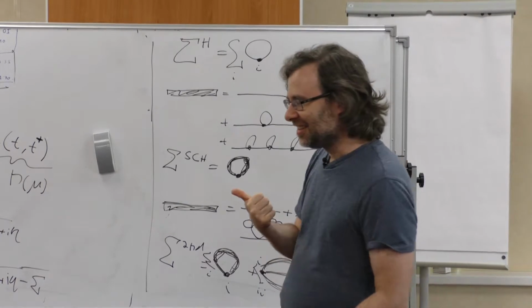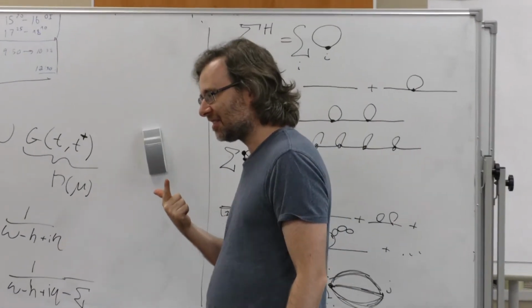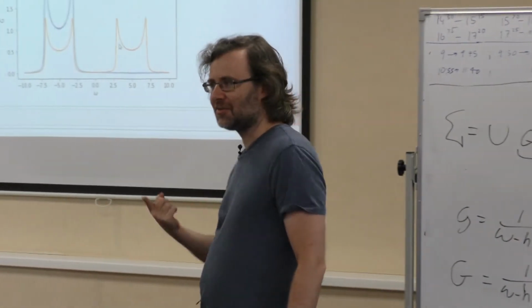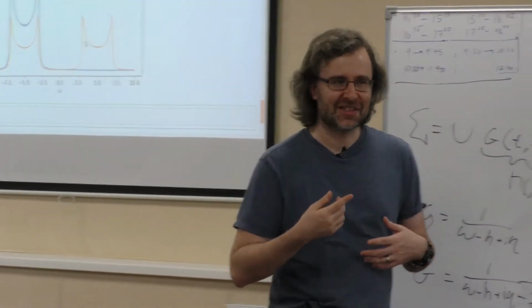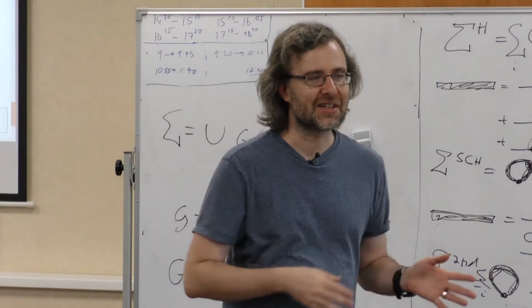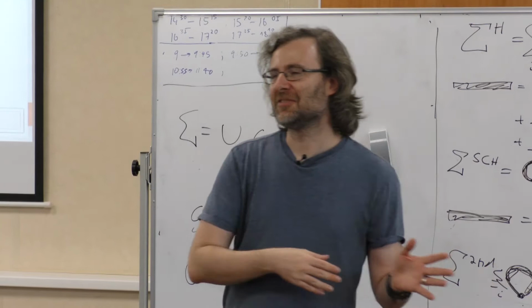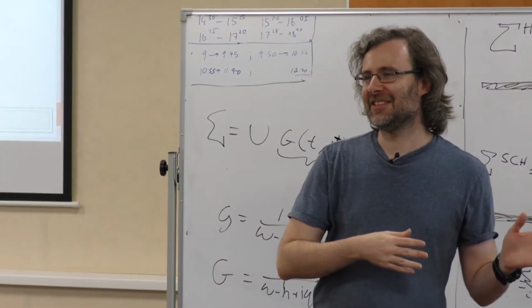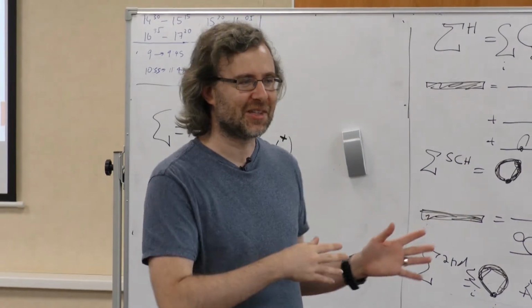Number two, by playing a little bit with self-energies and rather convincing arguments, I can show you whatever I want. So I should not be trusted with this technology, and no one really should.